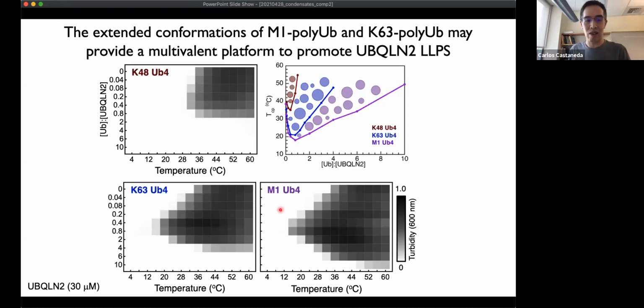You can see how that is quantified on this plot over here. So we think these M1 and K63 chains are providing a multivalent platform, a multivalent ligand, to promote phase behavior of ubiquilin. Not so much for K48, however.